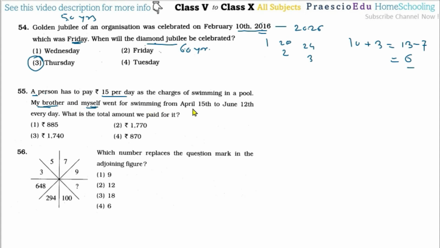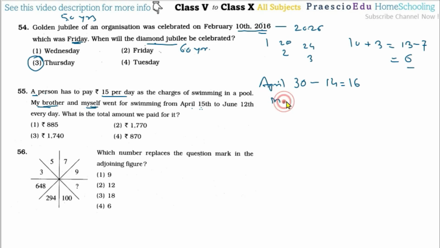First we will count the number of days. In April there are a total of 30 days. From the 30 days we have to deduct 14, because the 15th also they went. So before the 15th, that is 14. If we deduct 14 from 30, we get 16.